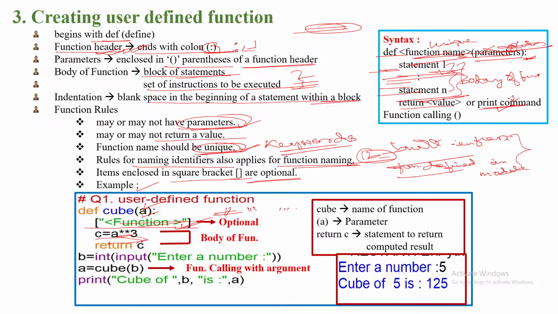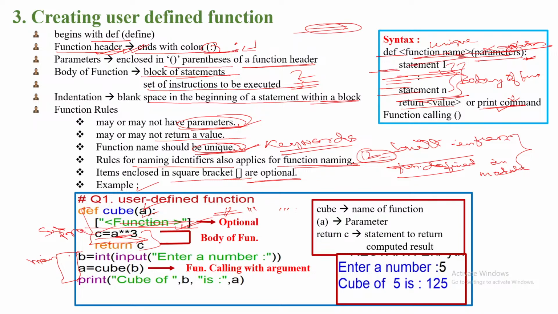Once the body of the function completes, we come back to the main program. Whatever starting lines we take, this is called the main program, and the function program is called the sub-program. We have seen the function definitions.